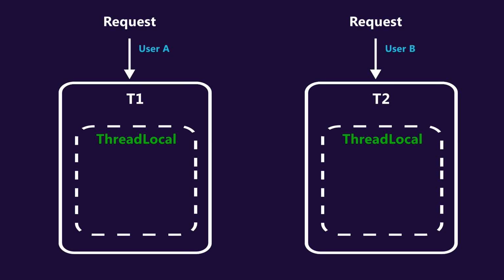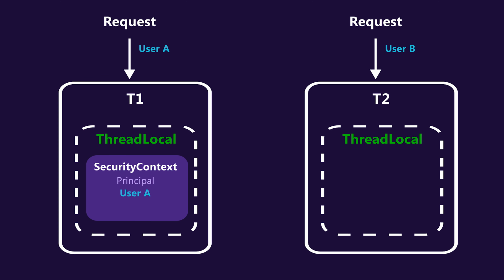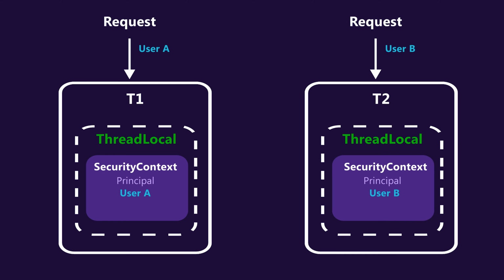So, when thread T1 handles user A's request, the security context holder stores user A's security context inside T1's private ThreadLocal storage. Similarly, when thread T2 handles user B's request, user B's security context goes into T2's private ThreadLocal storage. Same security context holder, but each thread gets its own private security context through ThreadLocal.